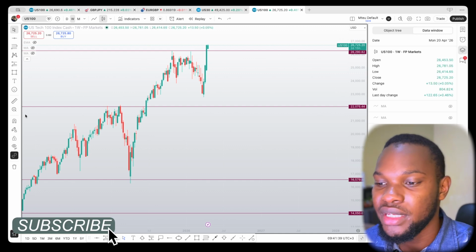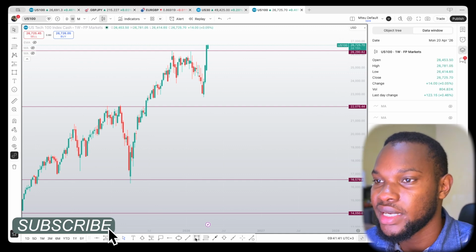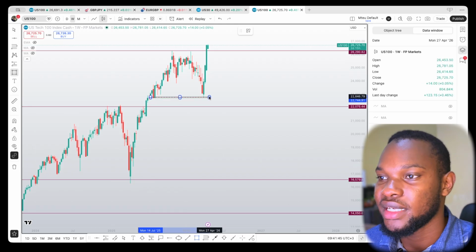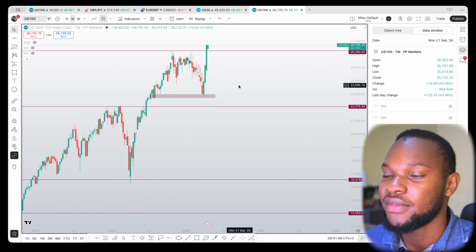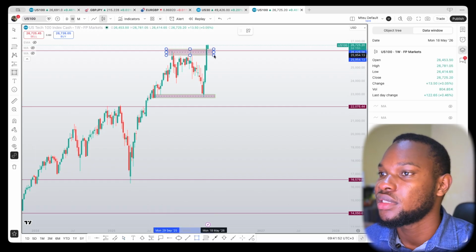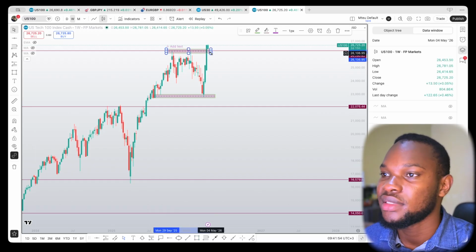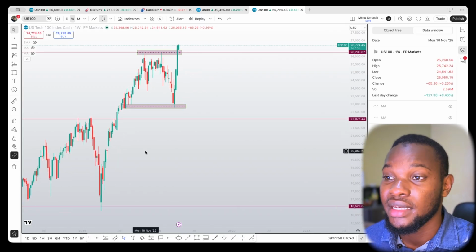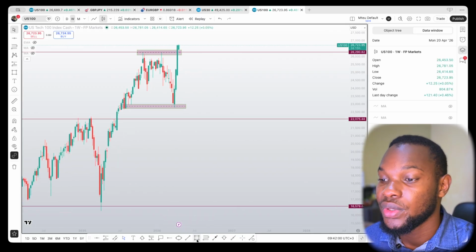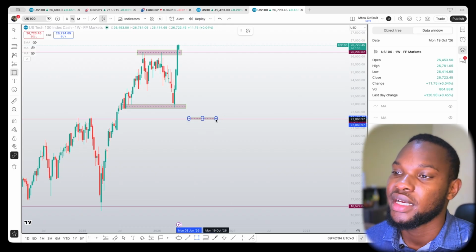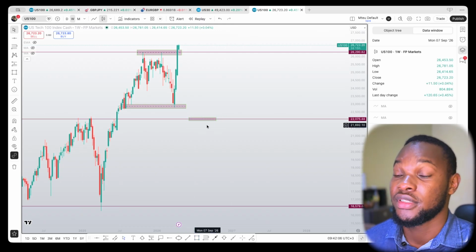For me here, what I can see is around 22,800 we have a good support. Also around 26,800 we have a good resistance. That's what I can see. And also around 22,000 we've got a good support.